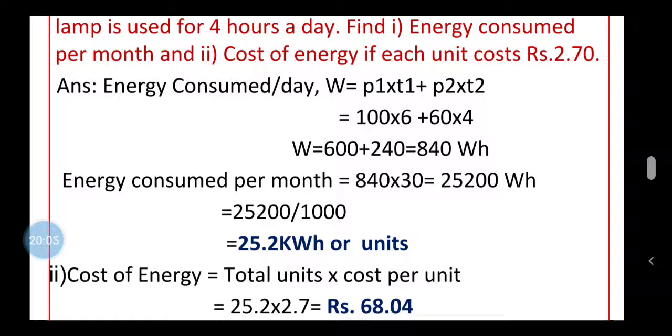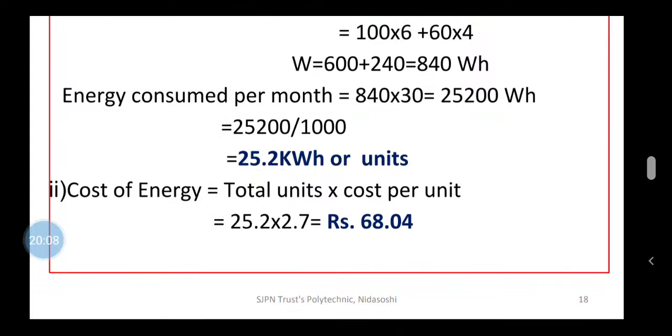Now he has asked what is the energy consumed per month. In 1 month, considering 30 days, you multiply watt hour into 30. So that gives you 25,200 watt hour. Now we need to convert this 25,200 watt hour into kilowatt hour, because as I have told you, 1 kilowatt hour is equal to 1 unit of energy consumed, and electricity is charged with respect to the number of units.